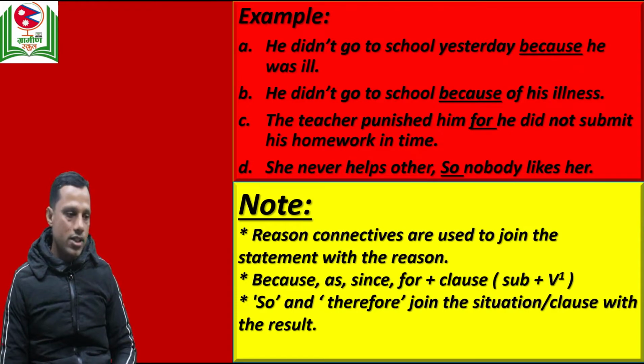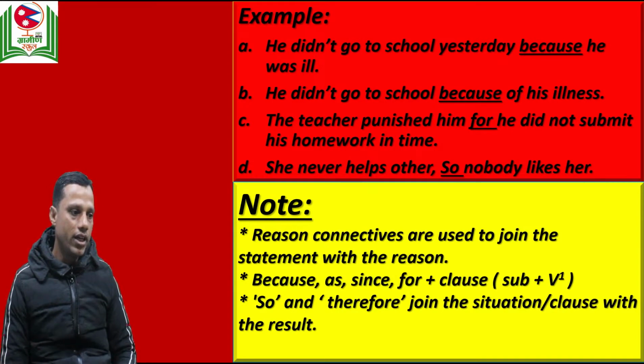Let's see some examples. Number A, we have, he didn't go to school yesterday because he was ill. Number B, he didn't go to school because of his illness. Please see the differences between these 2 sentences, because and because of, okay? Number C, the teacher punished him for he didn't submit his homework in time.